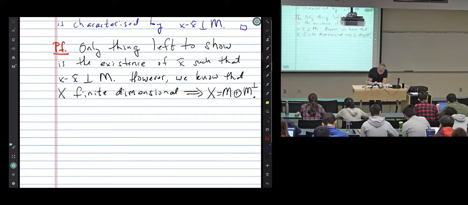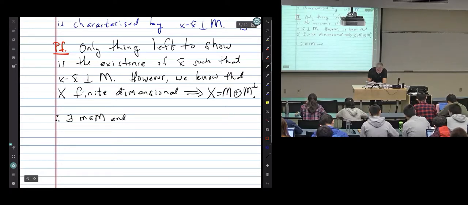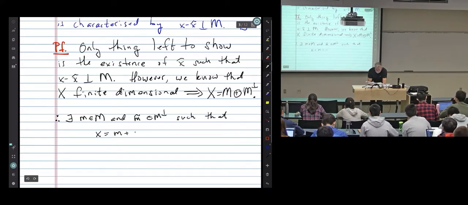Hence, there exists m in M and m tilde an element of M perp such that our little x is equal to m plus m tilde.